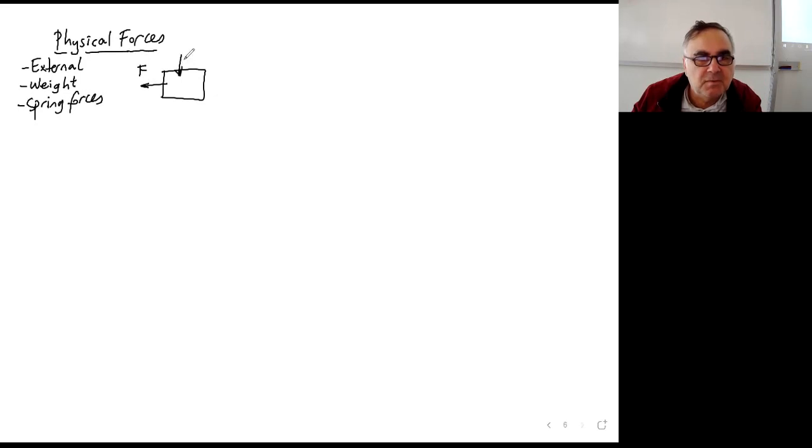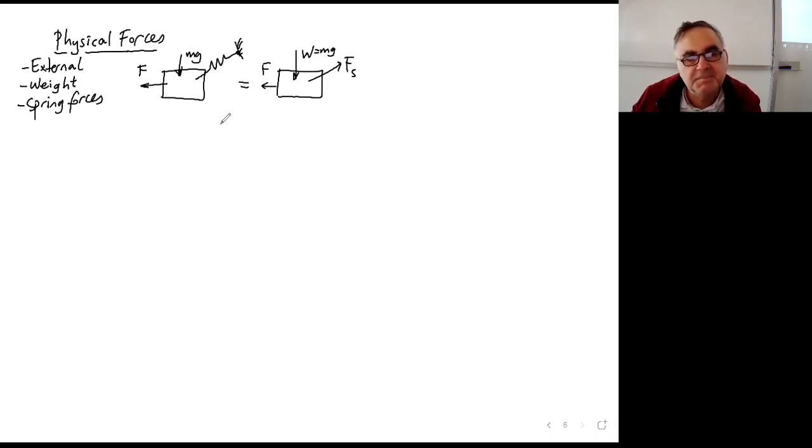If you have an mg here, and let's say you have a spring here or something like this, you replace this by the external force, the weight, which is equal to mg, and then there is a spring force in the direction of the spring, for example.